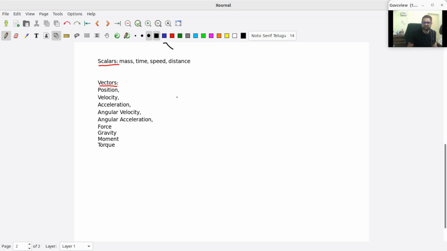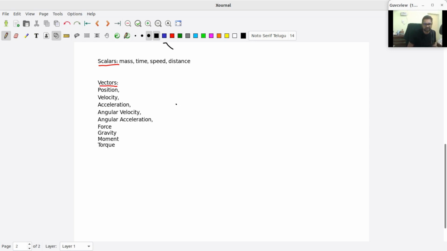Vectors generally have both magnitude and direction, whereas scalars are simply scalars. Mass doesn't have a direction; time and speed also don't have a direction.